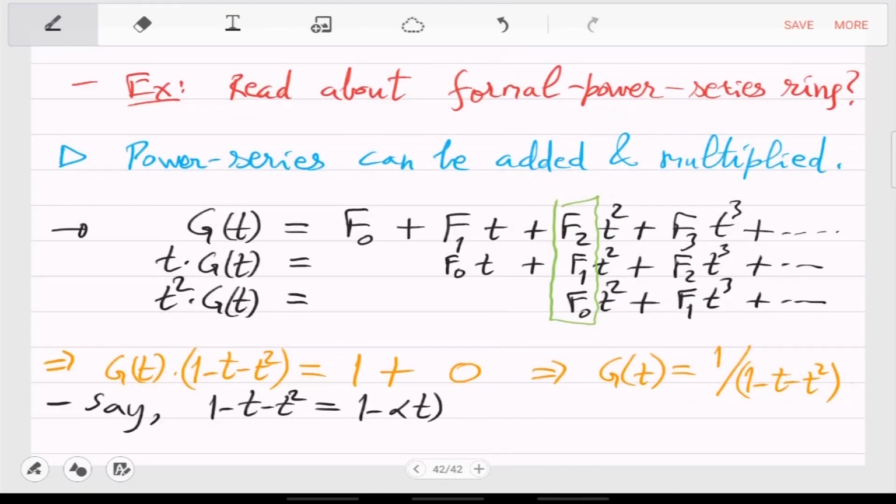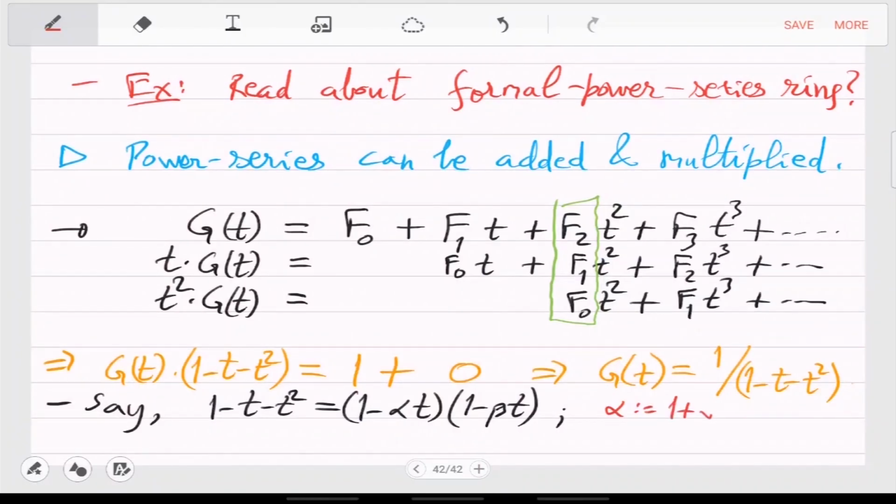Should factorize that. So 1 minus t square I can write as (1 minus alpha t)(1 minus beta t). What are alpha, beta? Yeah, so that is where you will get these numbers.